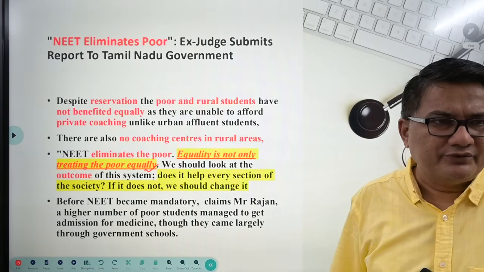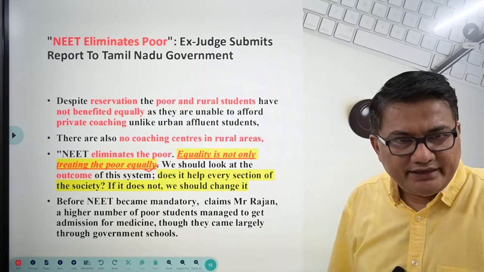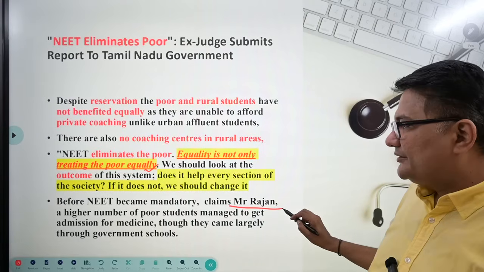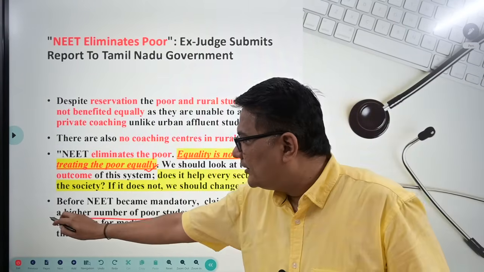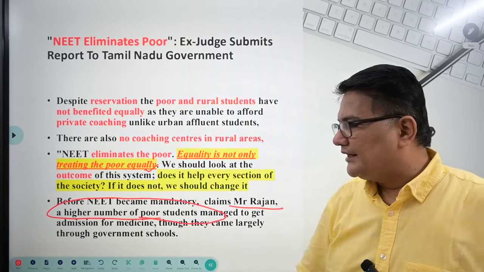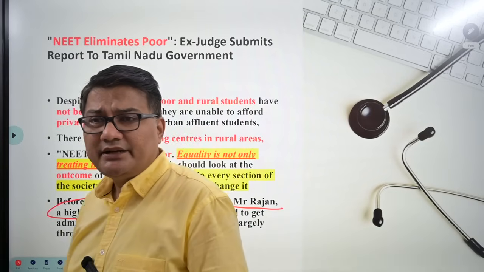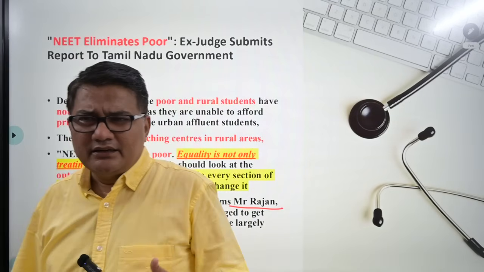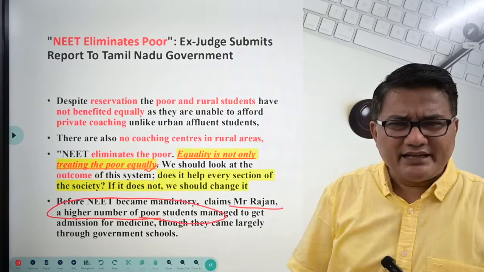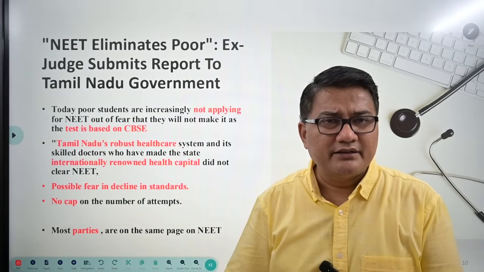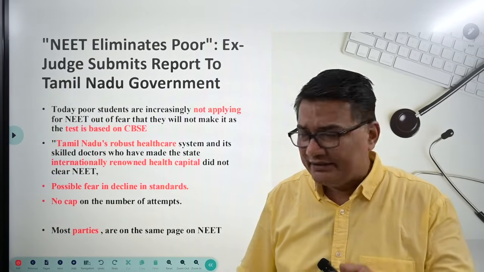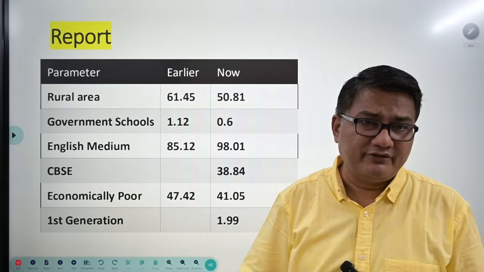Then there is no issue for it. Before NEET was mandatory, claims Mr. Rajan, more poor students used to get admission in the medical colleges. Then comes the next question, is there any data they have supported for it? The answer is yes, they have given data for this.